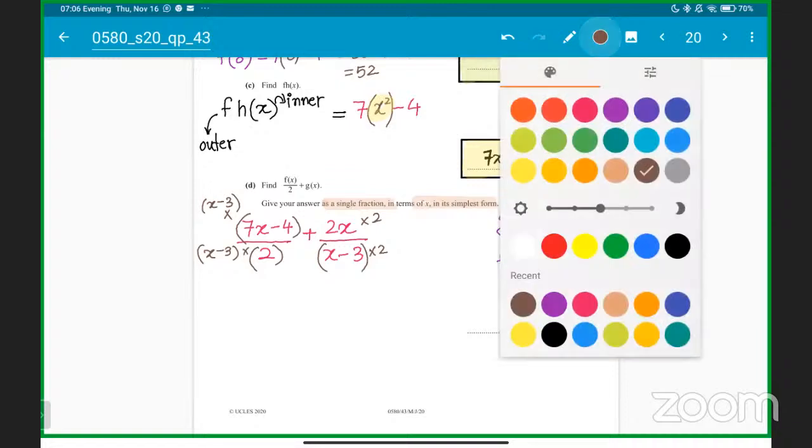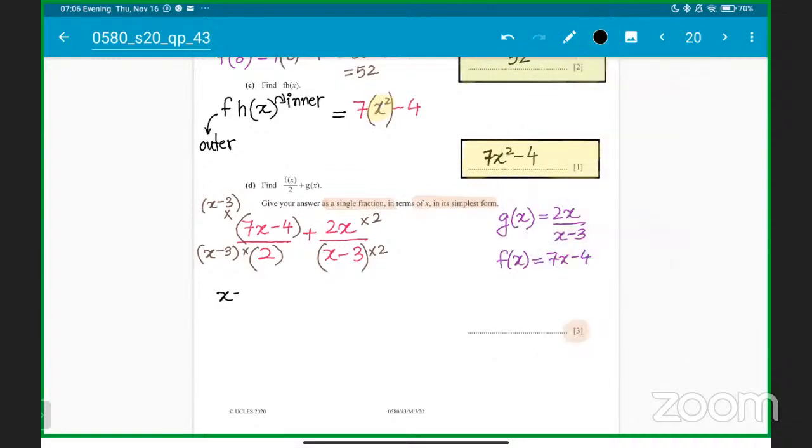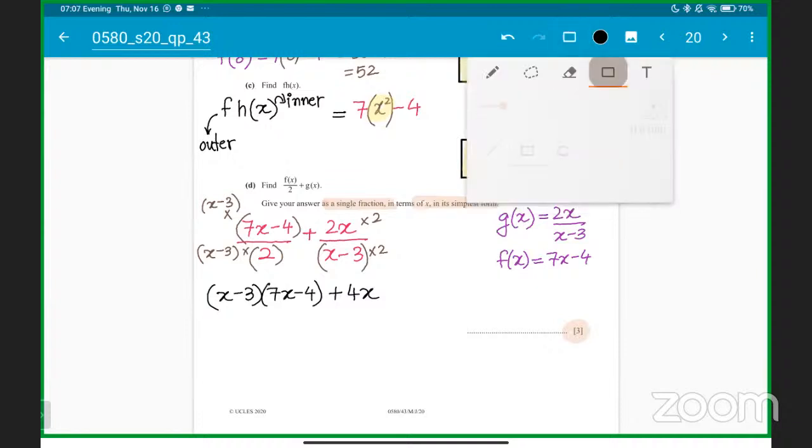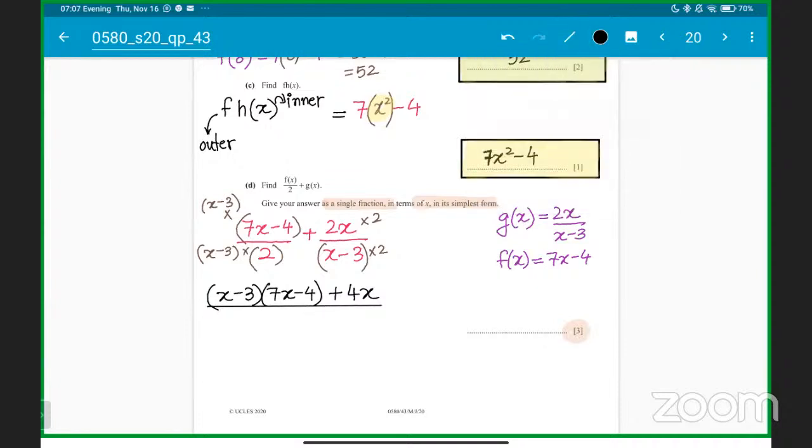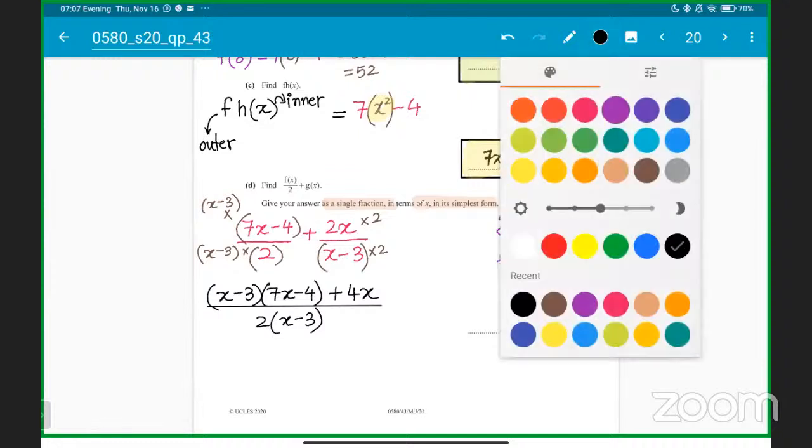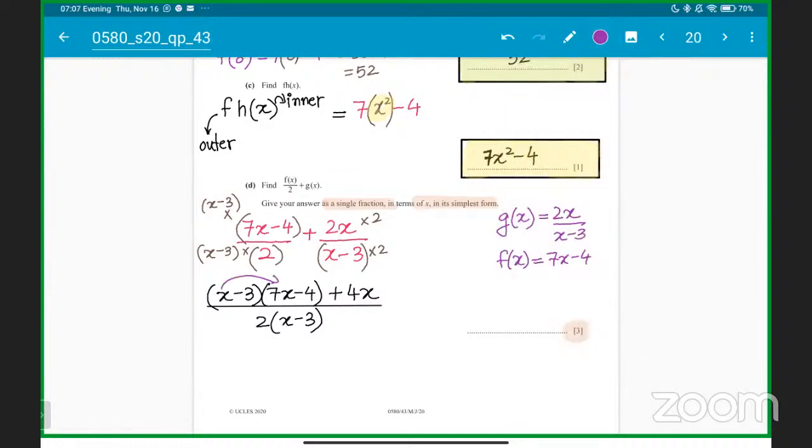So eventually, this is a bit of solving, okay? So (x minus 3) multiplied by (7x minus 4) plus 2 times 2x is 4x, and we got a common denominator, 2 times (x minus 3). Everyone got this? So eventually you multiply x into 7x, which is 7x squared, minus x into 4, 4x.